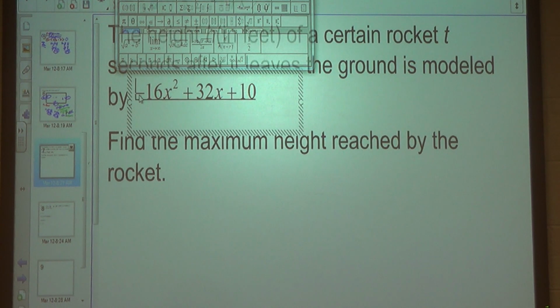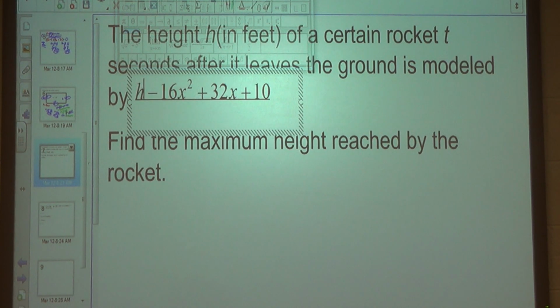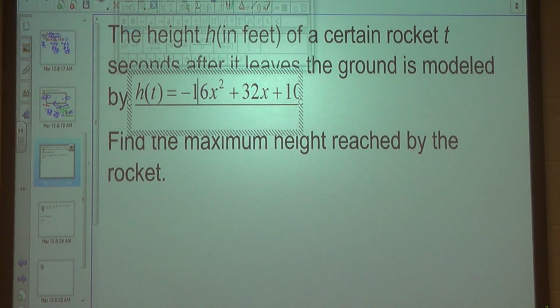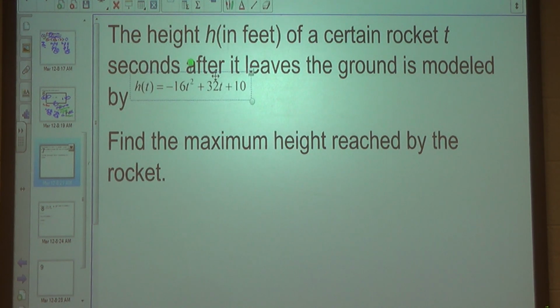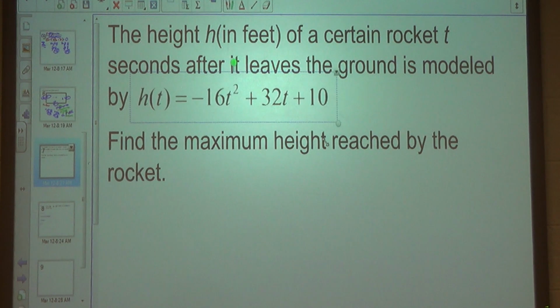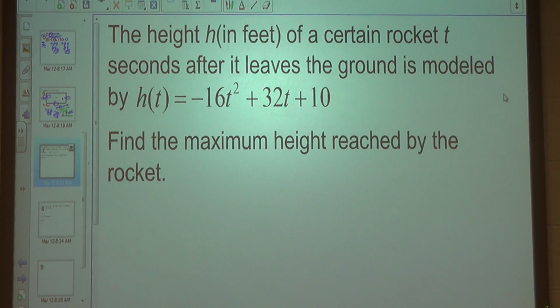That's the rocket, that's the equation that's given to you there. Okay, so the height, h in feet of a certain rocket, t seconds after it leaves the ground is modeled by that equation. Find the maximum height reached by the rocket.